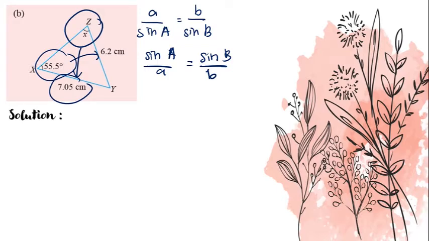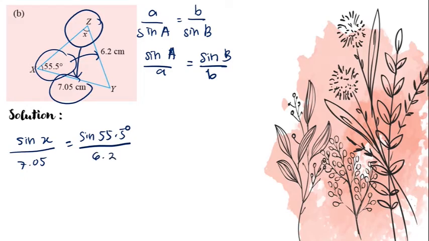So sine x over 7.05 is equal to sine 55.5 degrees divided by 6.2. So sine x is equal to sine 55.5 divided by 6.2 multiplied by 7.05.